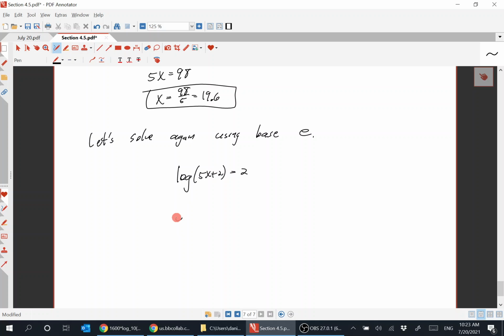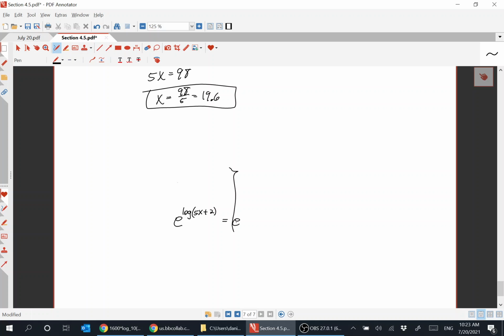So e to the log of 5x plus 2 is equal to e. Oh, no, I'm sorry. No, you have to use the right base. You have to use base 10 in this instance. So whatever the base of the logarithm is, that's the base you must use in solving such equations.